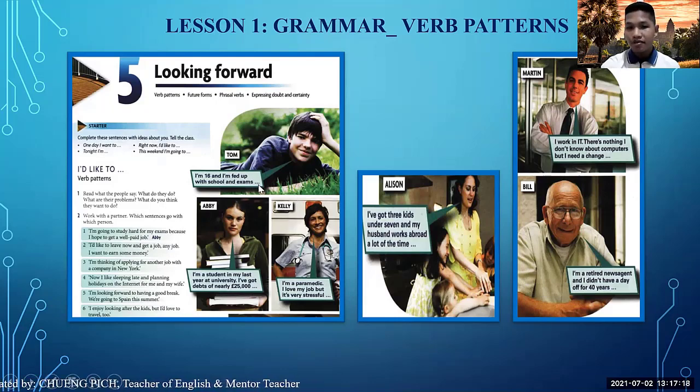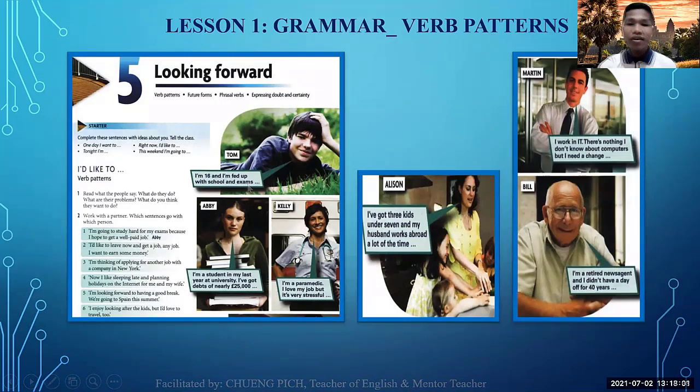Then I will let you guess which person each statement belongs to. For example, Tom said, I'm 16 and I'm fed up with school and exams. So there will be one statement among these 6 statements for Tom.